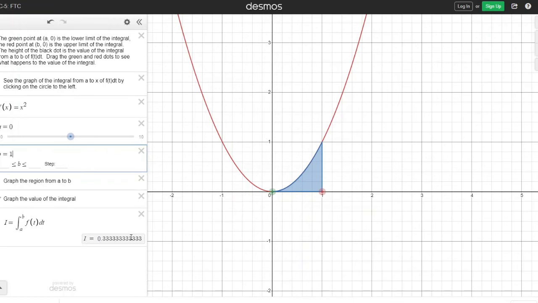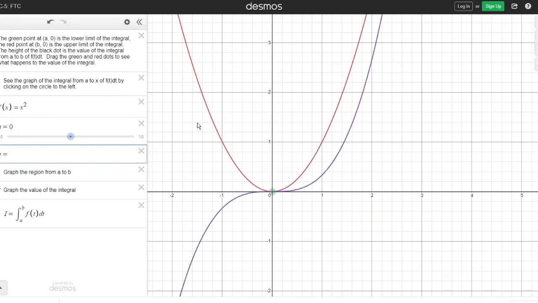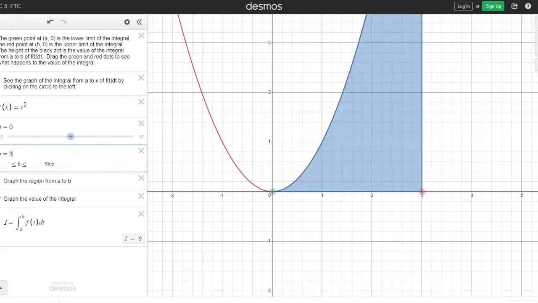This number is 1/3. So we have seen that, right? And likewise, if you replace the upper limit value with 3, you have the value of the upper limit function, which is 9. So we have seen that already.